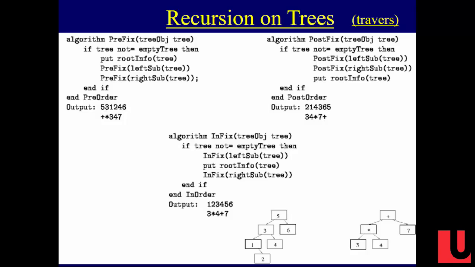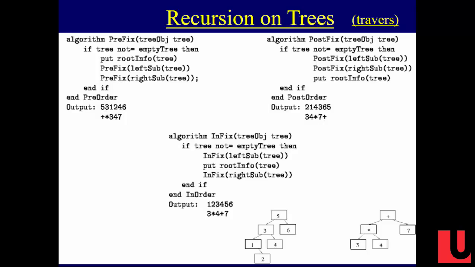All right? So a prefix is you do the action on the root, right? If we're printing them, we do the action on the root, and then you recurse left, and then you recurse right. So here, if we're doing this tree here, you do the 5, and you recurse.